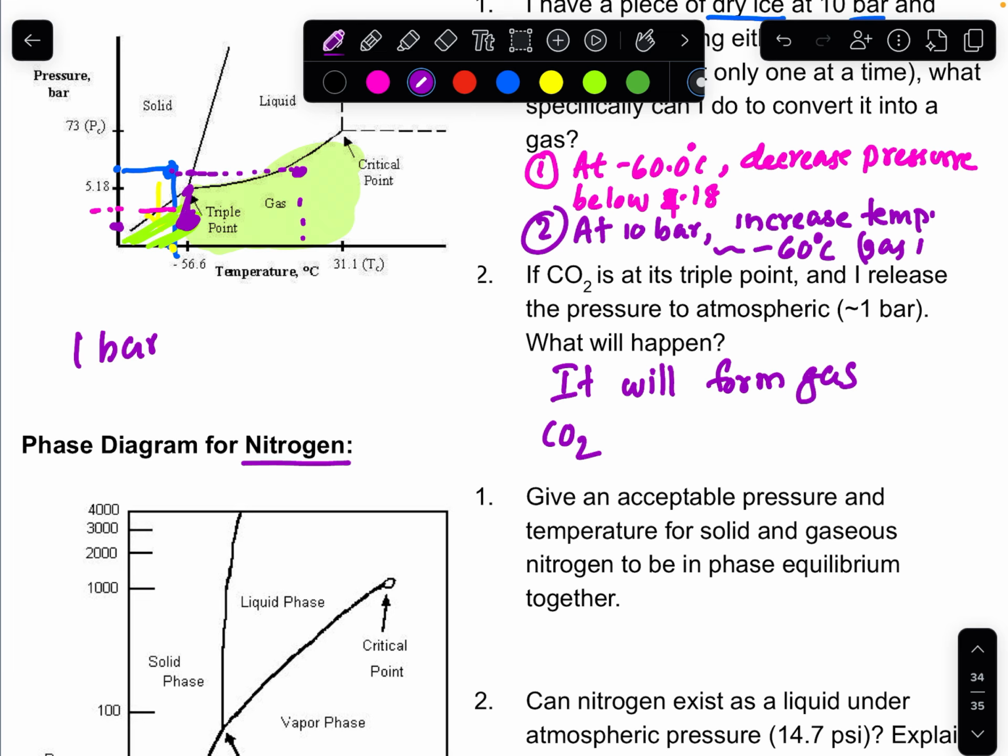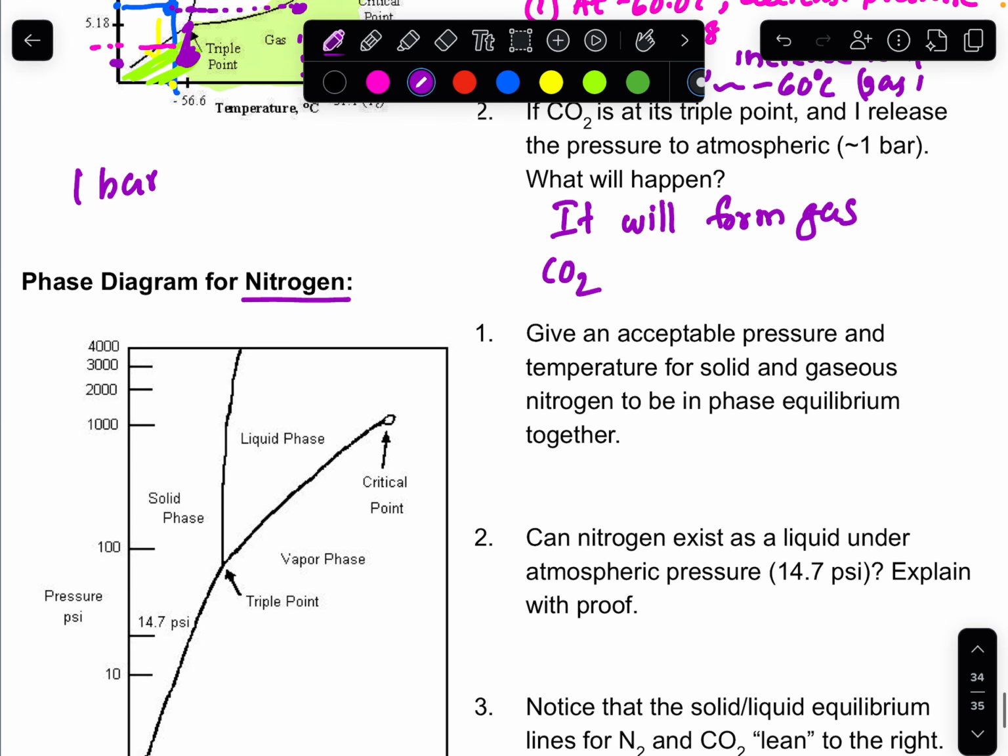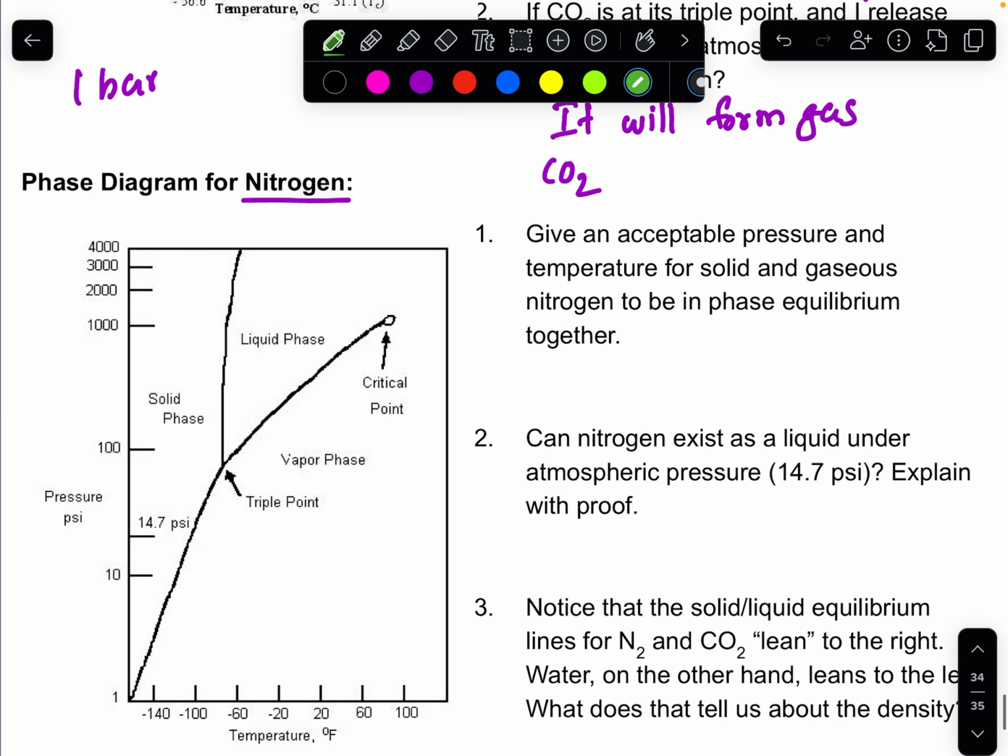Next one is nitrogen. Okay, nitrogen: give an acceptable pressure and temperature for solid and gaseous nitrogen to be in equilibrium together. So we need to see a place where solid and gas are together.